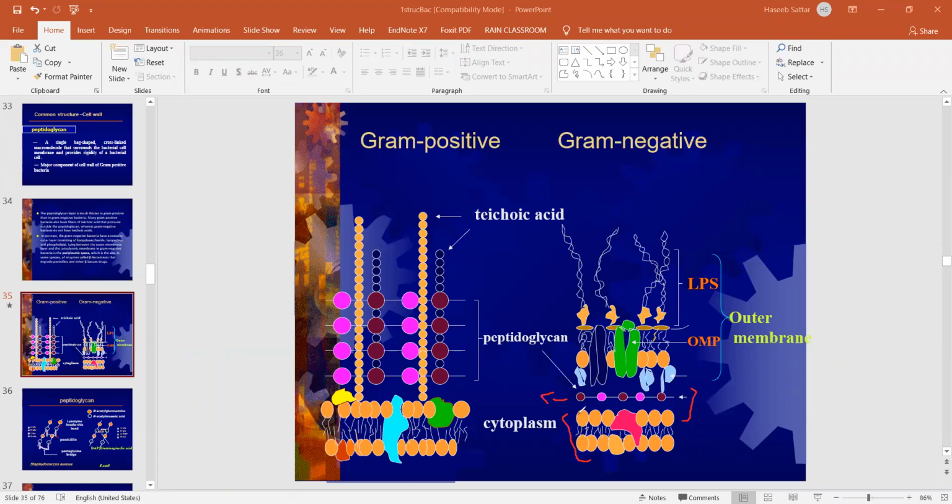This is known as the periplasmic space, and as I told you, it is clinically or medically important because in this periplasmic space there is an enzyme known as beta lactamase.